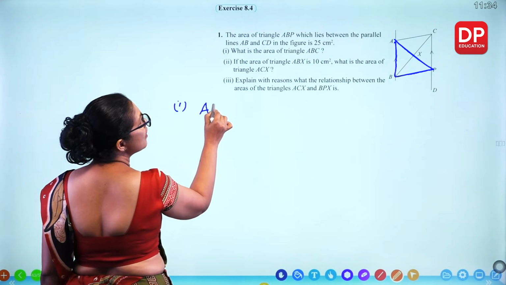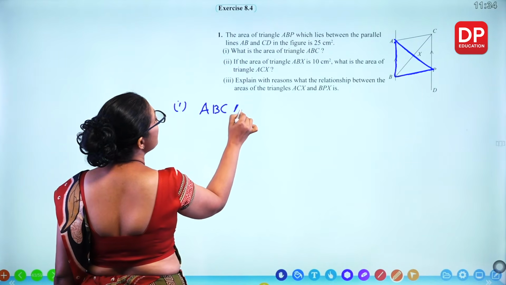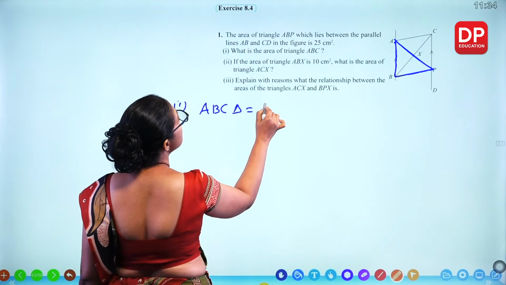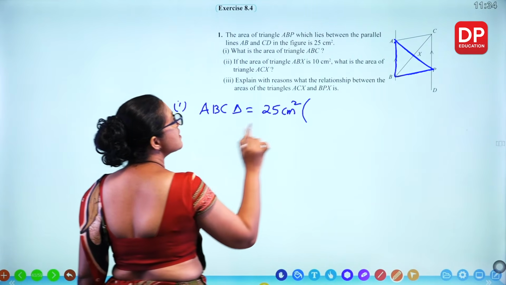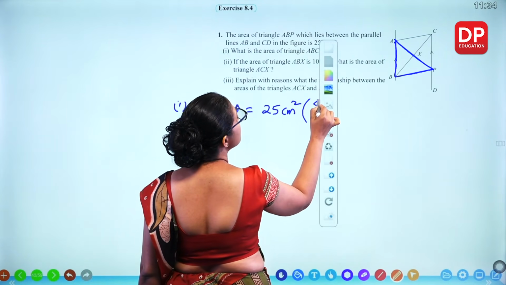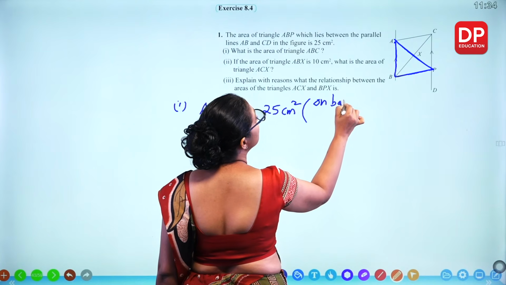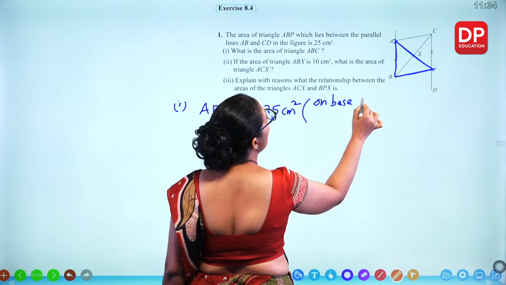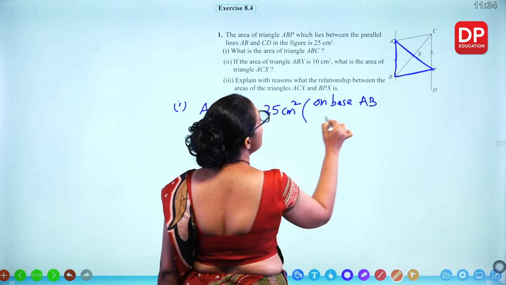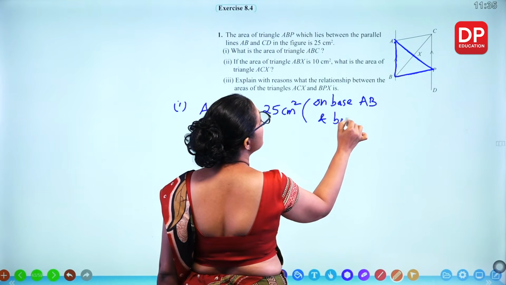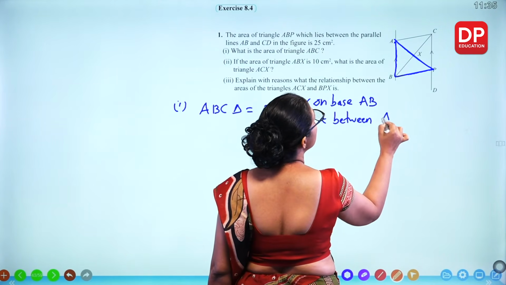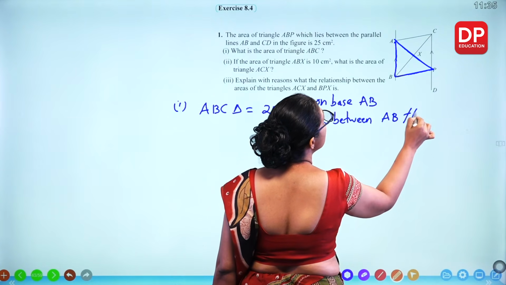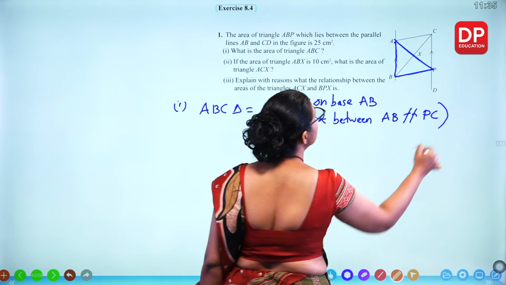Same. ABC area is same as this. What's the reason? Same base. Both are on same base, on base AB and between the two parallel lines AB and PC.